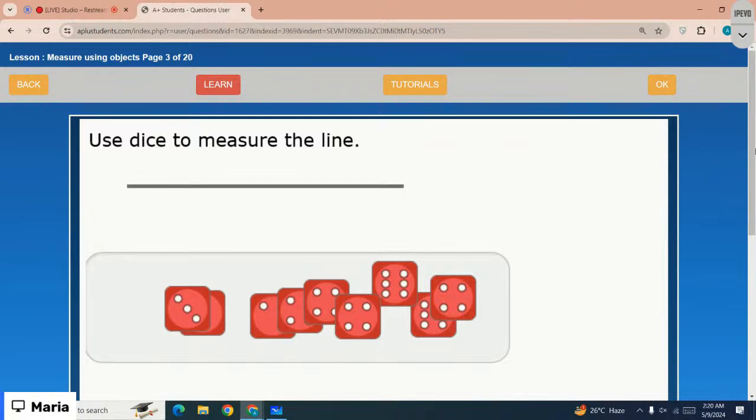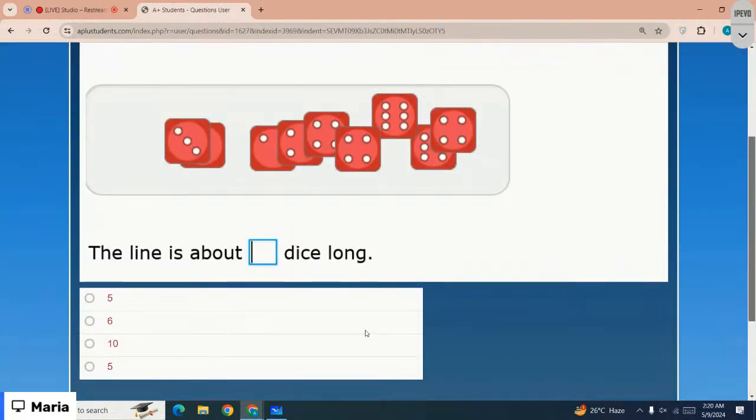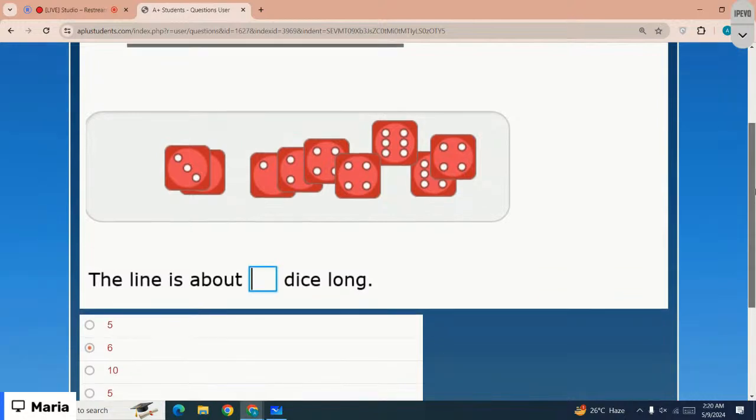I think they are 6. The line is 6 dice long. The correct option is 6.